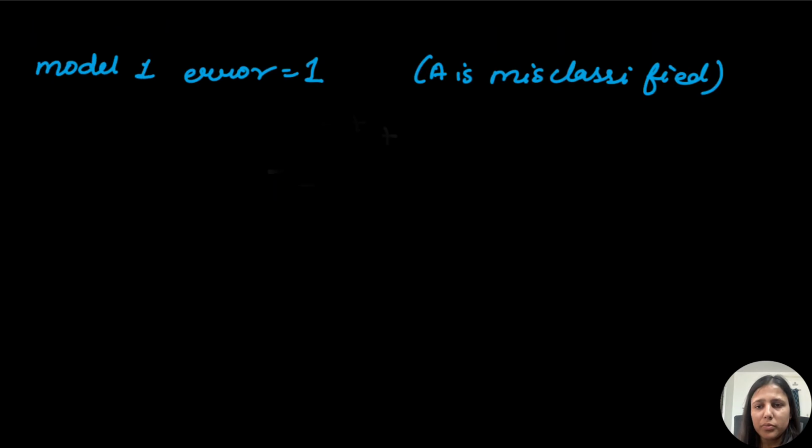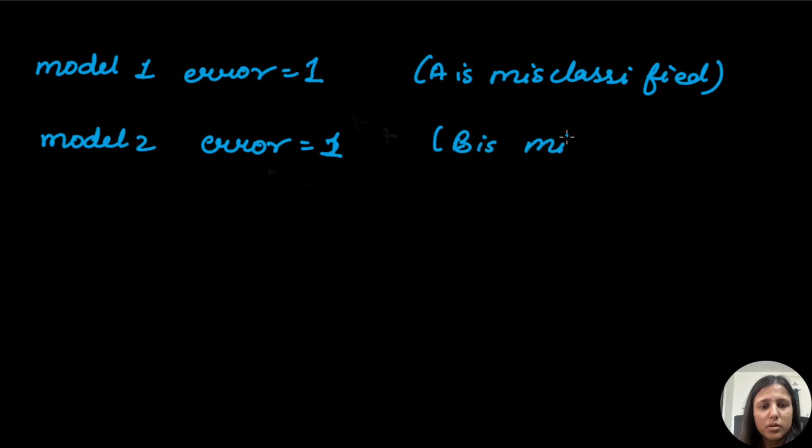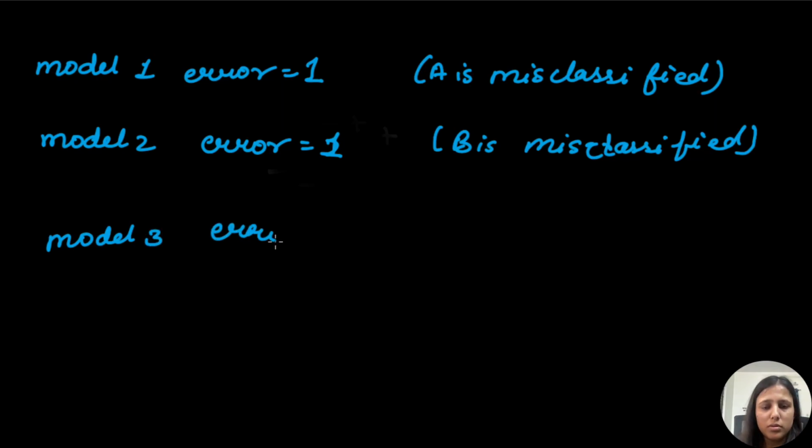Model 2 error is 1 again. B is misclassified. Model 3 has error 0. Error 0 because C is classified correctly, right?